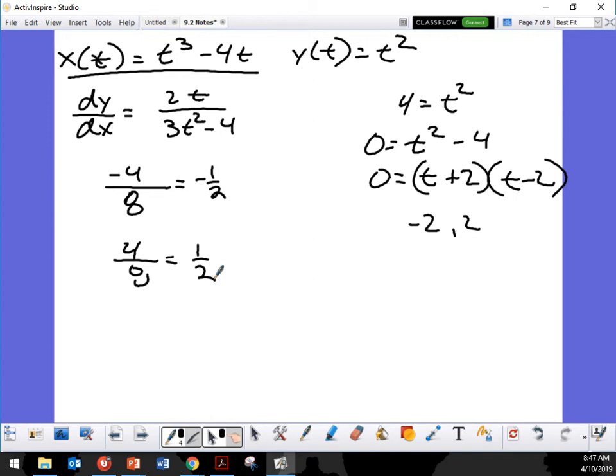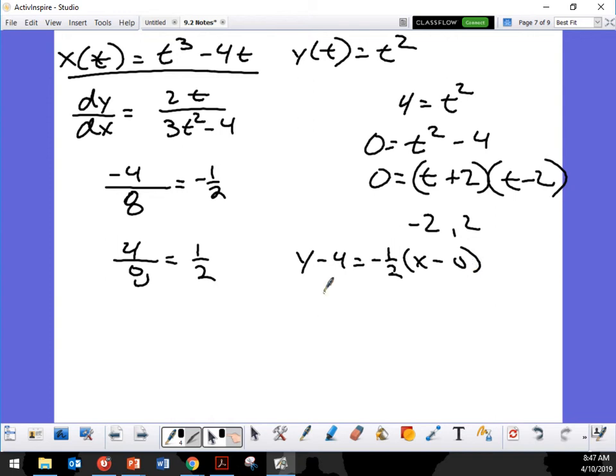Now that I have my slopes, I know my points already. My first one is y minus 4 equals negative 1/2 x minus 0, because that's my x and y from the original function where those two intersect.